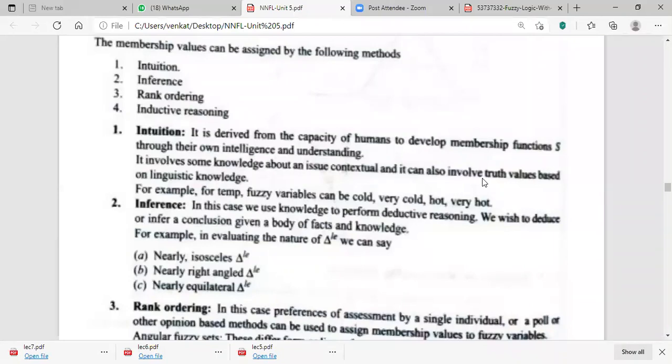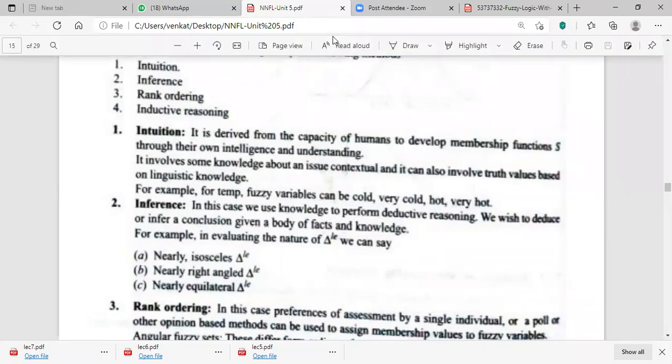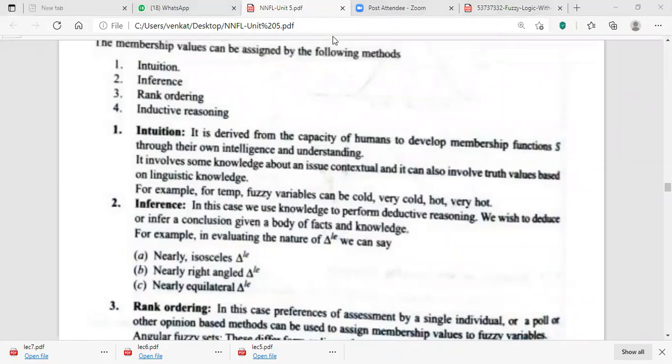Inference. The next method of membership function assignment is inference. In this case, we use knowledge to perform deductive reasoning. We wish to deduce or infer a conclusion from the body of facts and knowledge.